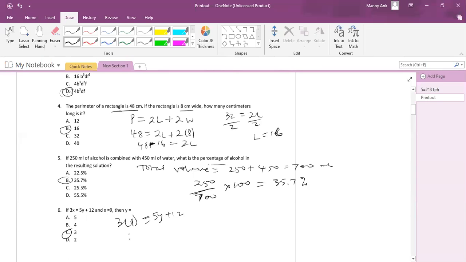Okay, so that's 27 is equal to 5y plus 12. Take away 12 from both sides. So we have 5y is equal to 27 minus 12, which gives us 15. 15 is equal to 5y. Divide by 5, divide by 5. So your y is equal to 3.